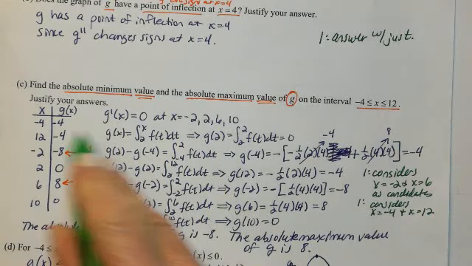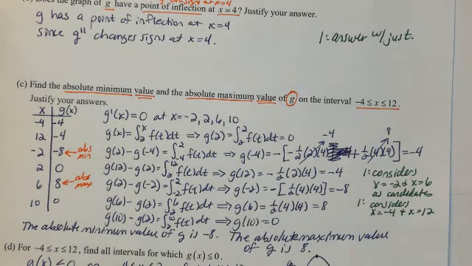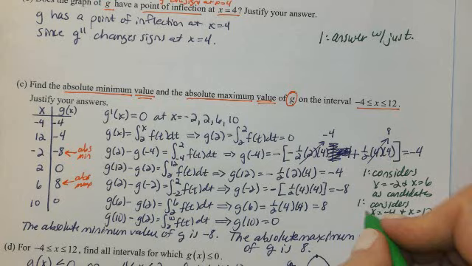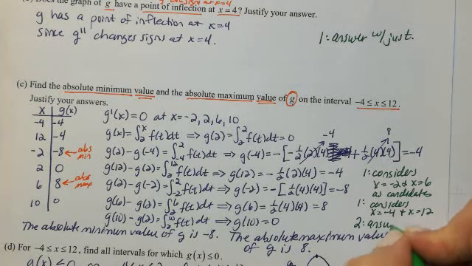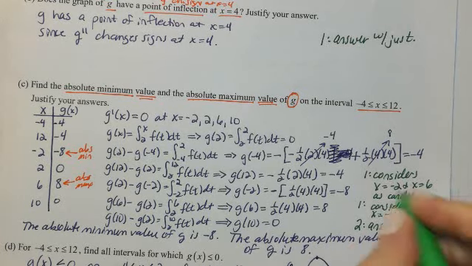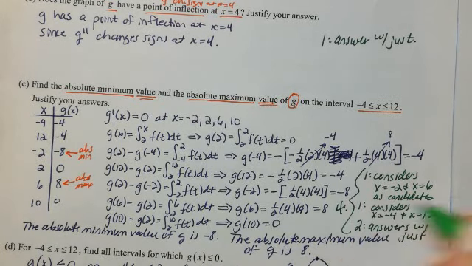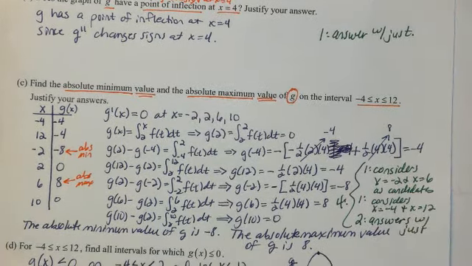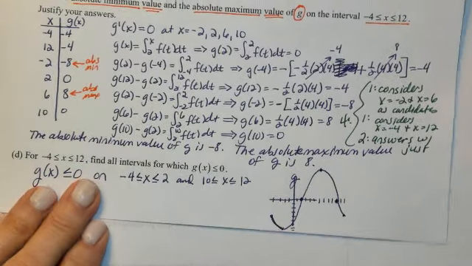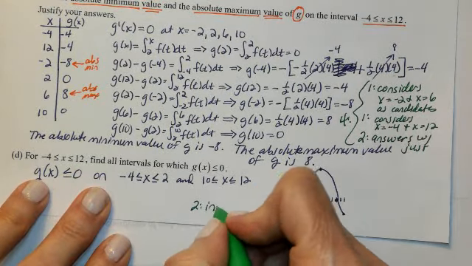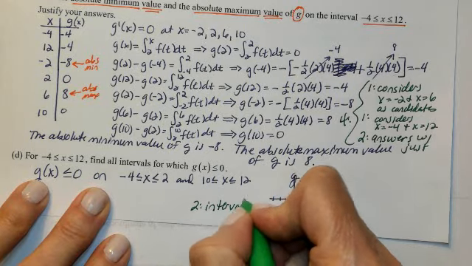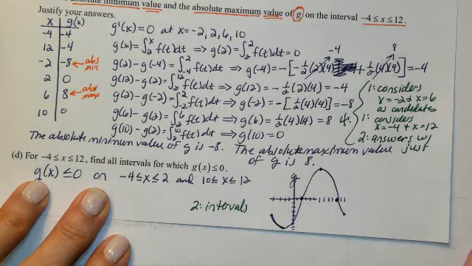Those are your boundaries, so we definitely need to consider those as candidates for an absolute min or max. And then 2 points for your answers with justification. So 4 points total for that. And part D was worth 2 points for the intervals. And that's how that was scored.